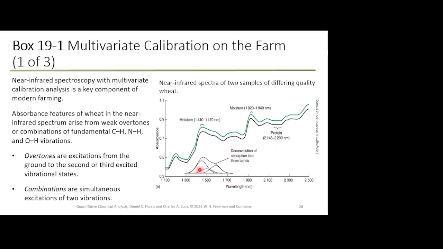Then this is the deconvolution of the absorption into 3 different bands. You see how we have these 3 bands, 1, 2, 3. They're accounting for this overall shape right here. That deconvolution is just separating out the different components that construct that.